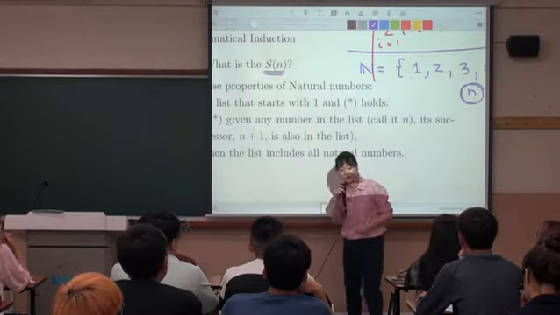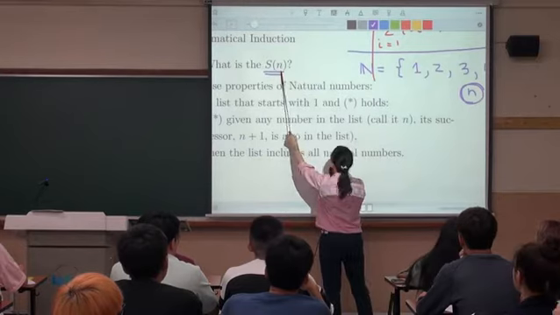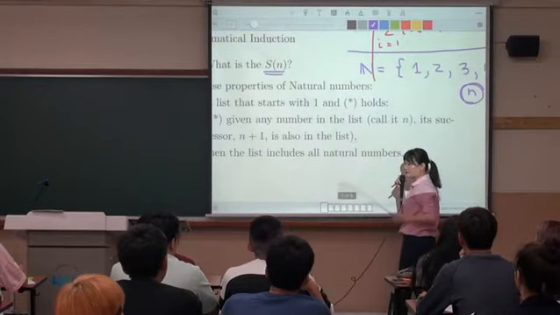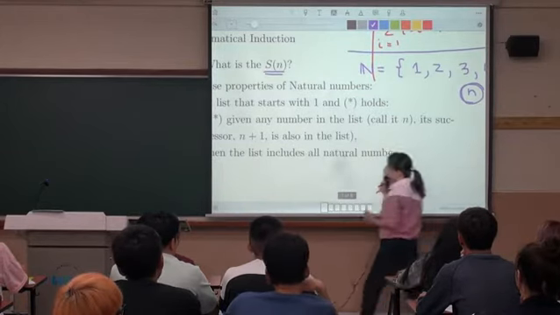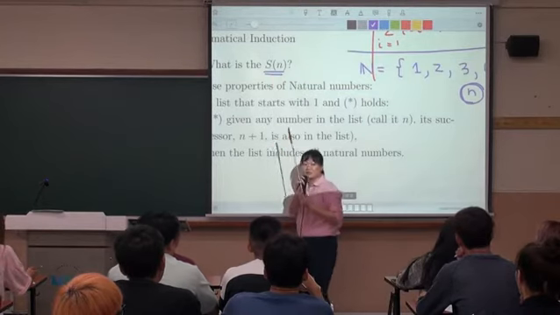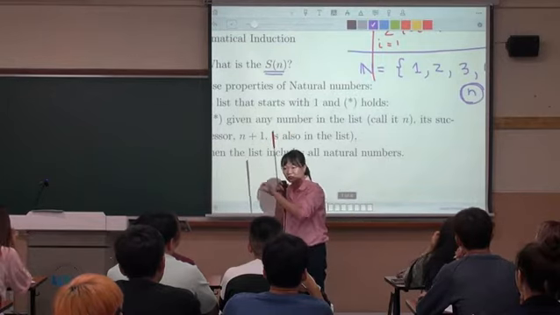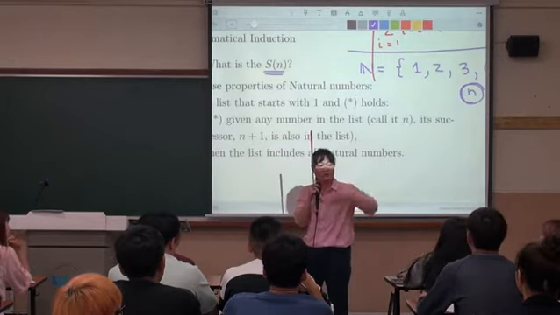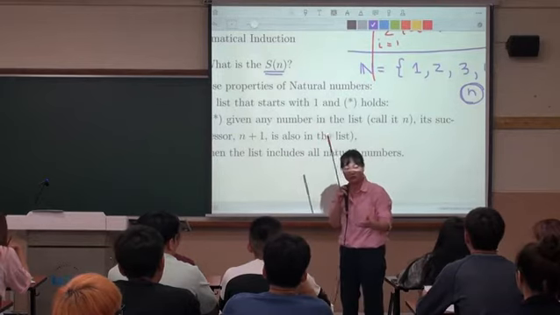So I'm going to build a one-to-one relationship between the statement S of n and the set of natural numbers. When I plug in 1, if this is true, that means 1 is in the set. And I'm going to assume that n is in the set, so that means S of n is true. If S of n is true, now I have to prove that S of n plus 1 is also true.